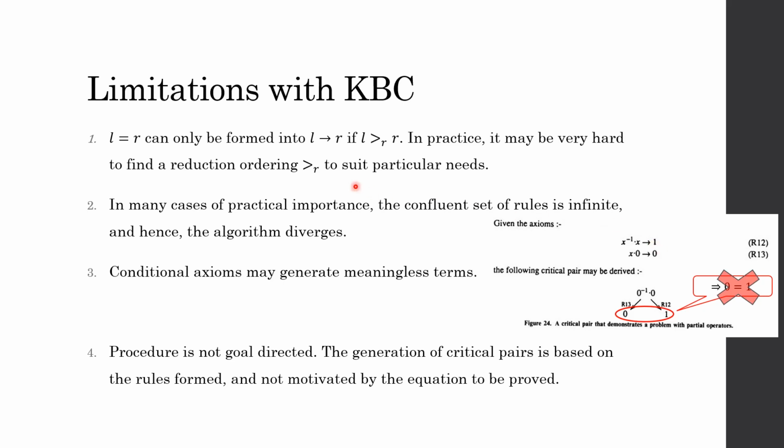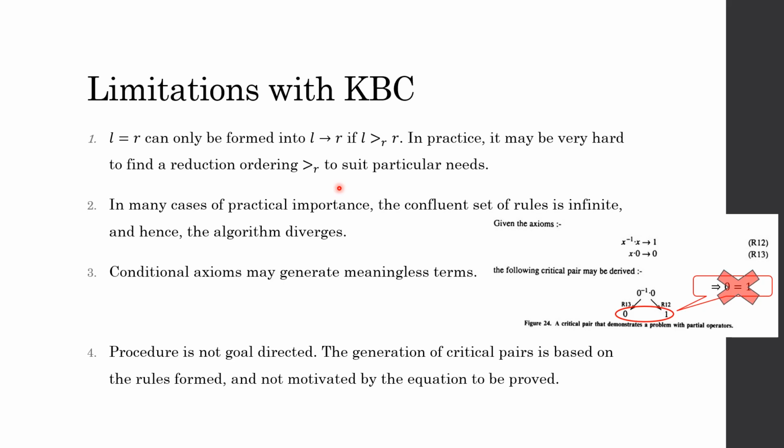And lastly, the procedure is not goal-directed. The generation of critical pairs is based on the rules formed up to that certain stage, and is not motivated by the equation to be proved. This is not very good, because usually when we write an algorithm, we need to have the goal in mind, so that the algorithm works for that goal. But in this case, it is just based on whatever input axioms we have.